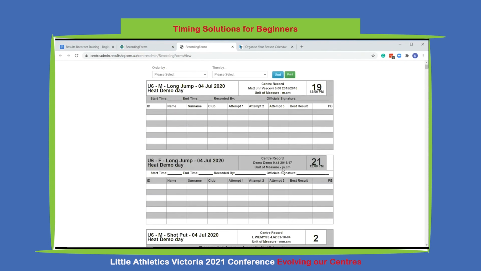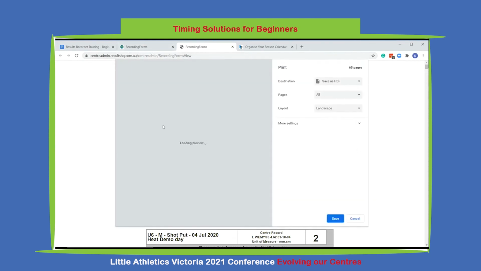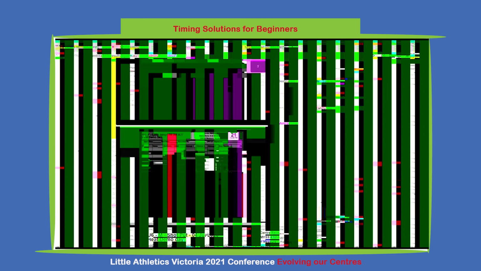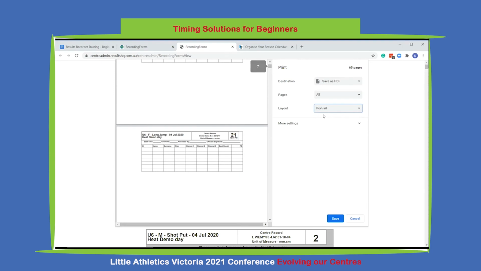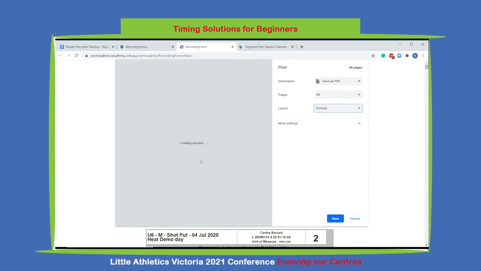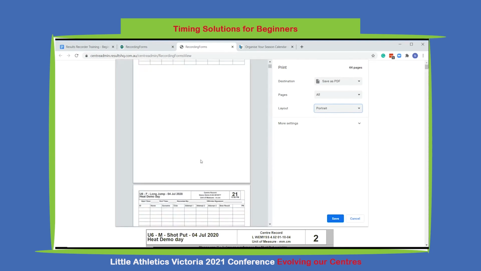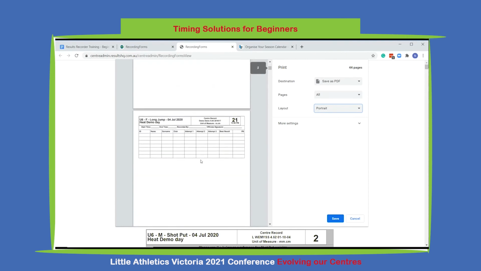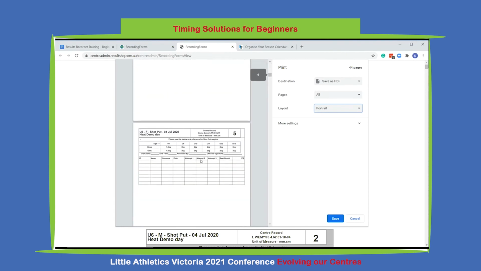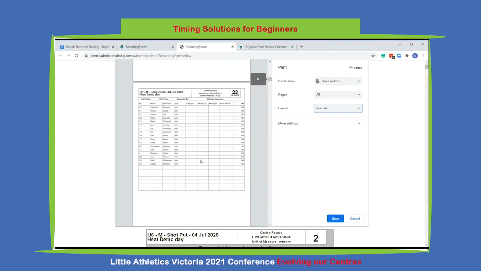So that's what we call regular, where it's 1 A4 per age, gender, event. So if I change this to portrait, this is better for bigger centers where they've got lots of names they need to work with.